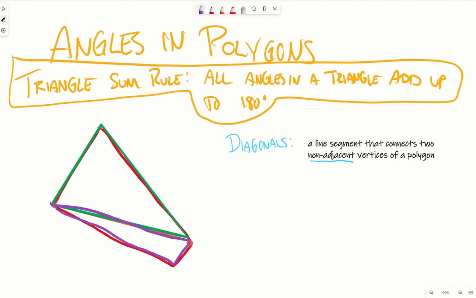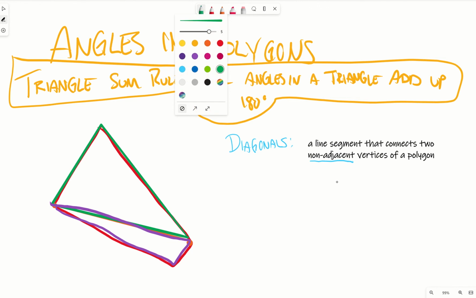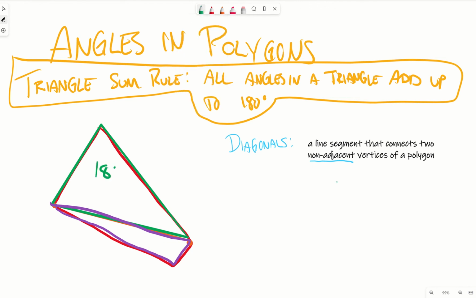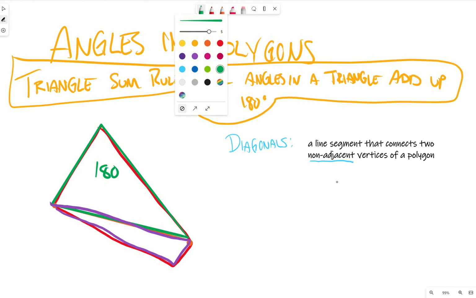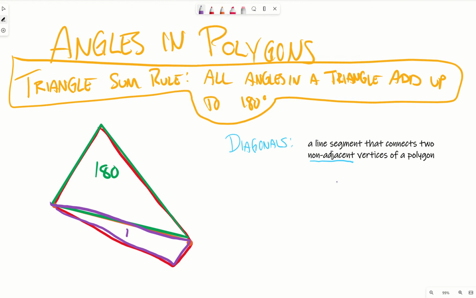How many degrees are in one triangle? 180. So there's 180 degrees inside this triangle. How many degrees are in this other triangle? Well, 180. So if I have 180 degrees here and 180 degrees here, how many total degrees are in this quadrilateral?